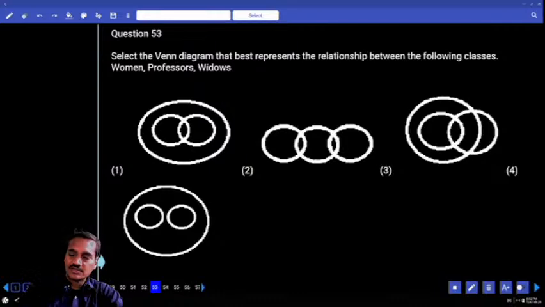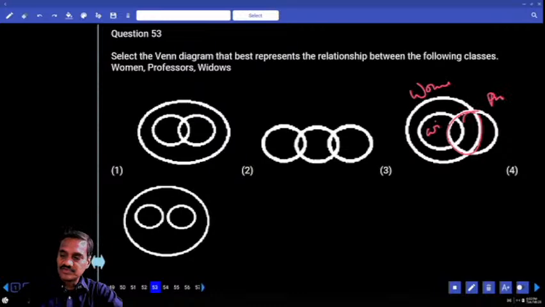Now these are women, and out of these women, all these widows are women. And out of these widows, some are women. Professors: some professors are women, and among the professors who are women, there are some widows. And these are the professors who are men. Does it fit or not? So what is the choice we have? Choice 3 is the answer.